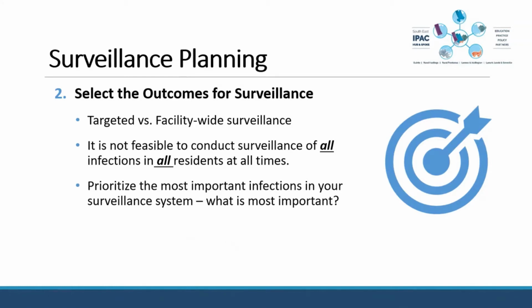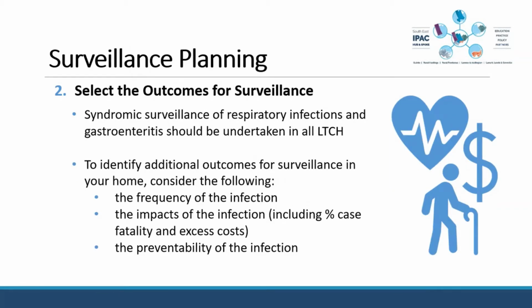Then we'll look at targeted surveillance, which is conducting surveillance of specific resident populations and/or infection types that have been identified as a priority. For example, indwelling catheter associated UTIs. We want to prioritize the most important infections in your surveillance system. What is most important? On the next slide, we will talk about syndromic surveillance.